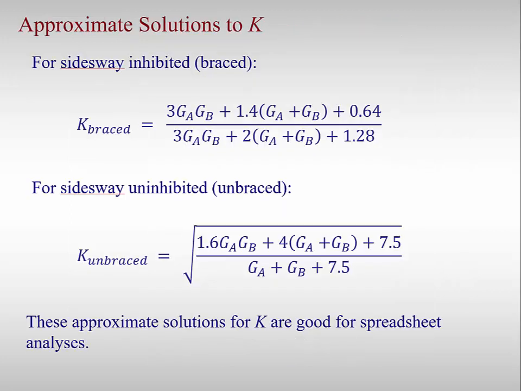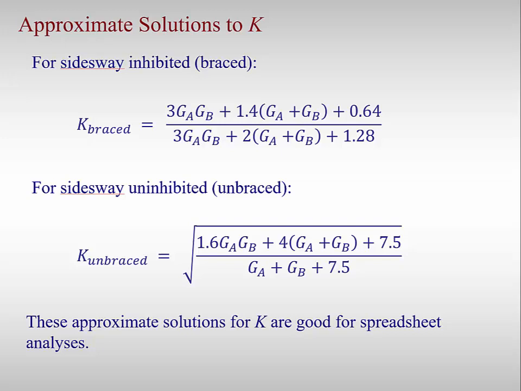The textbook conveniently provides formulas that give approximate solutions for the effective length factors for columns in both braced and unbraced frames, as shown in this slide. While these formulas do require more computational effort than using the alignment charts, they're not prone to the interpolation errors associated with the alignment charts.